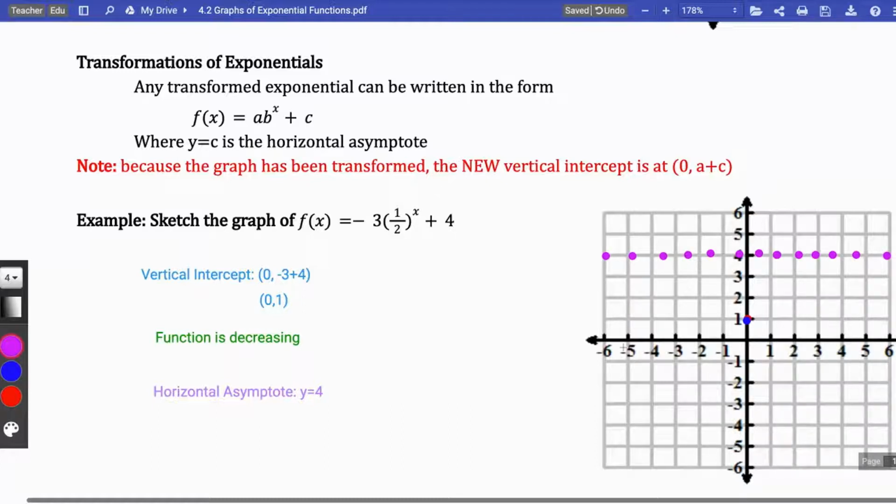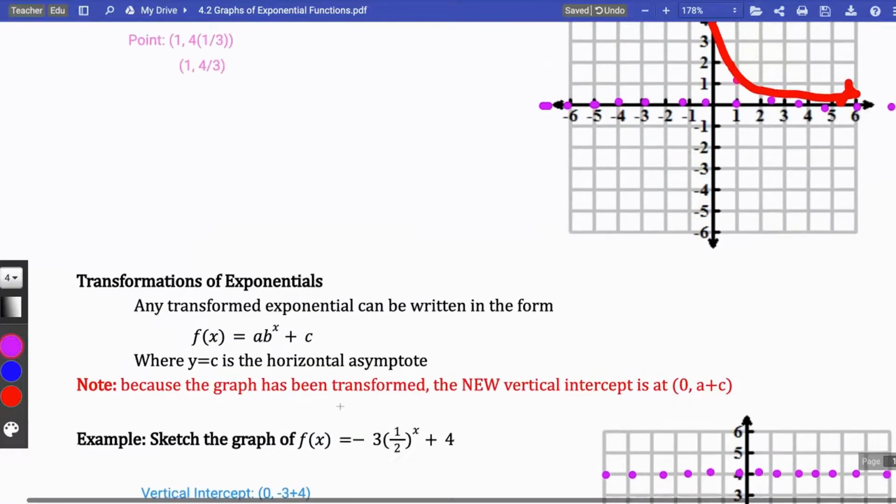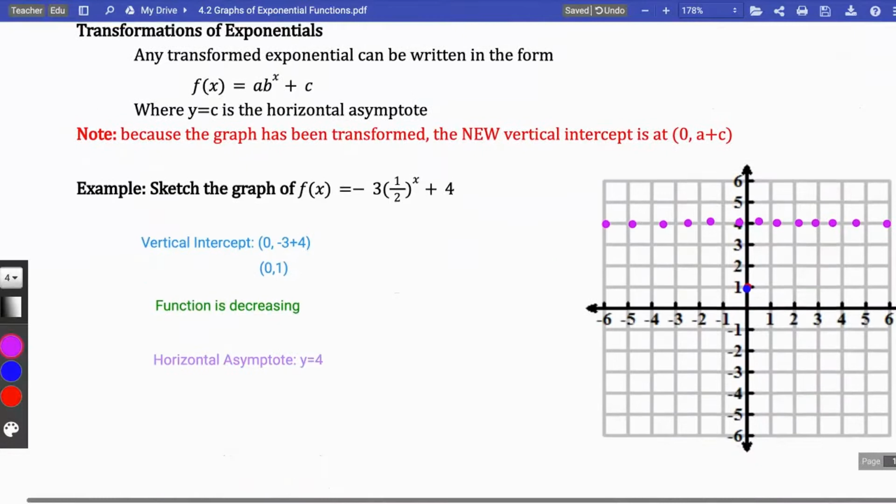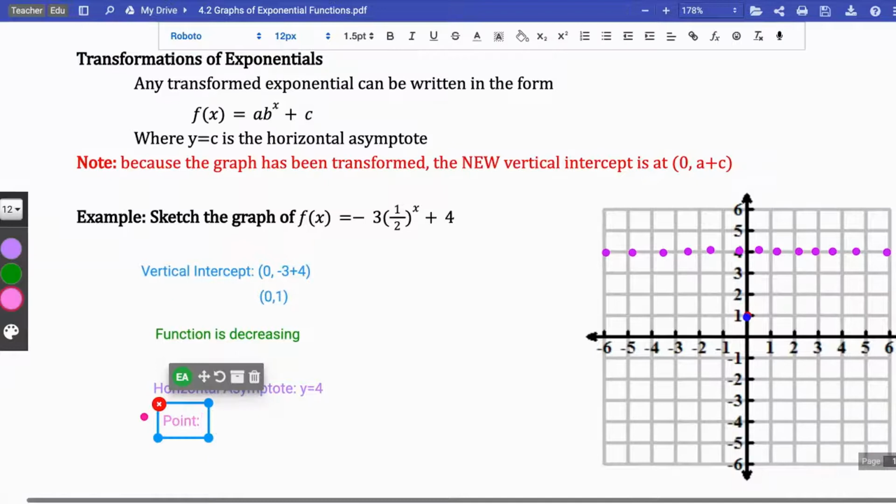And so what this tells me is that the graph is going to look different, right? So the next thing I need is that clear point. And that clear point comes from setting x equal to 1. I'm going to have 1, and then negative 3 times 1/2 plus 4, okay? So negative 3 times 1/2, I'm just going to put it as negative 1.5.